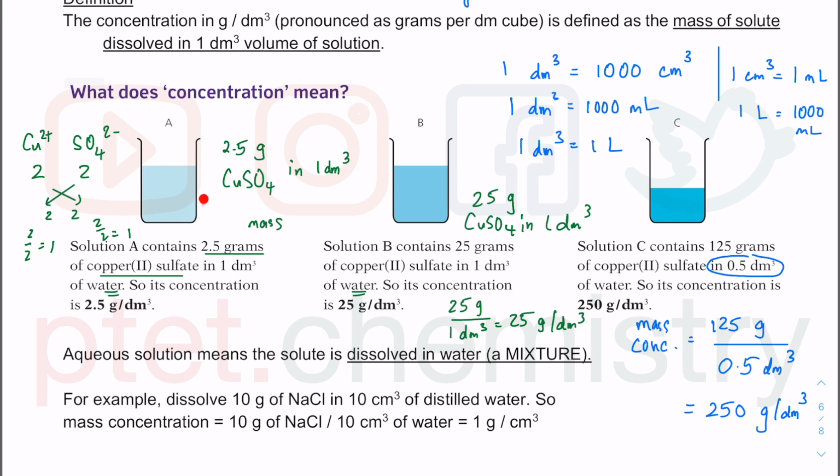I'll show you when we go back to the lab eventually after all this COVID closure of schools. So you can see the color getting darker and darker because you dissolve more and more of that copper sulfate. There is a lot more copper sulfate in the same volume of solution. That's why the color is darker.